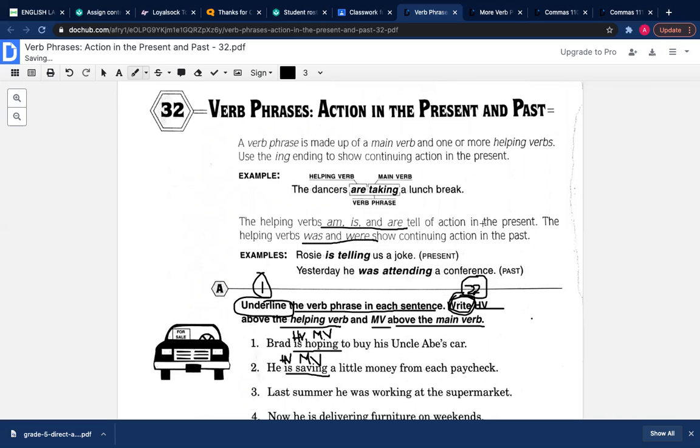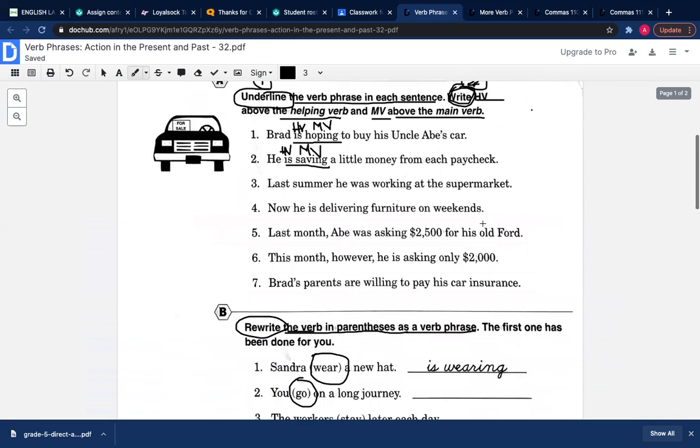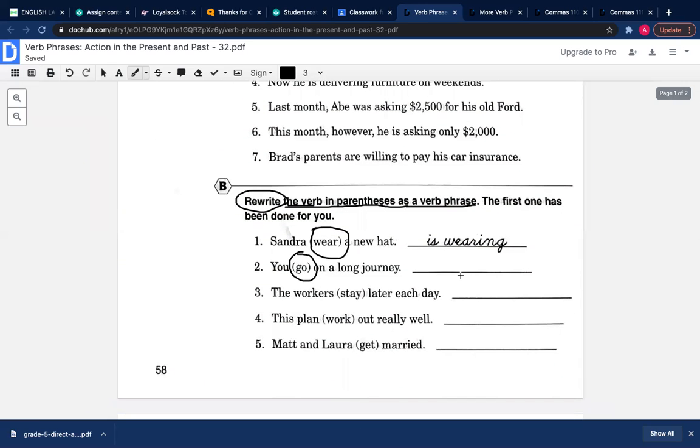Was and were show action that's happening in the past. Okay? We can do anything here. It can be present or past because it doesn't tell us to be specific about either of those tenses. Okay? So you could say you were going because that is in the past.